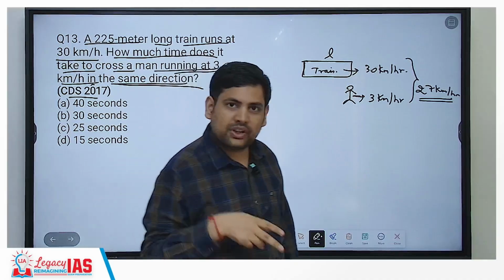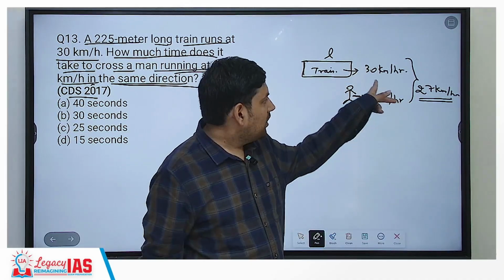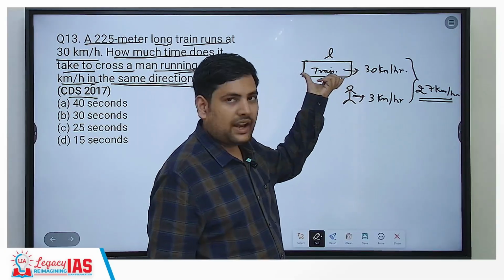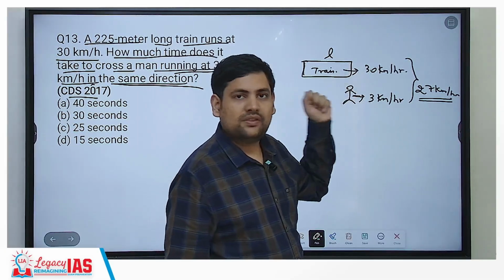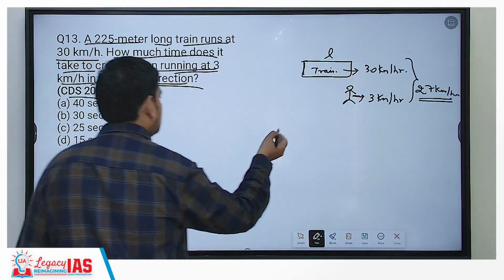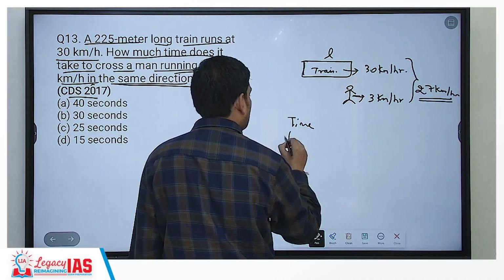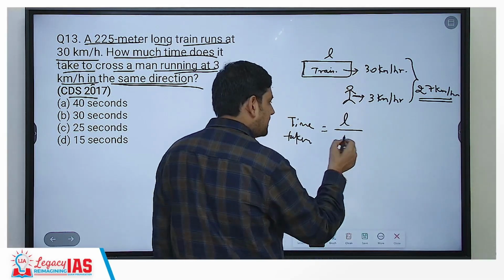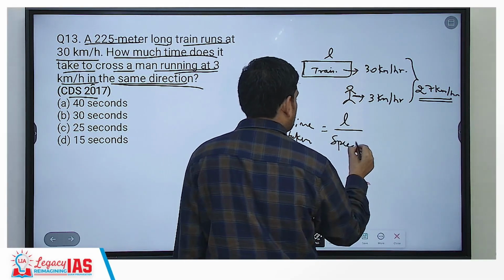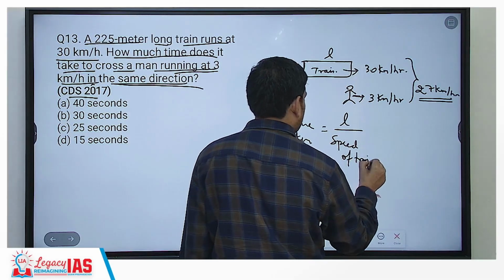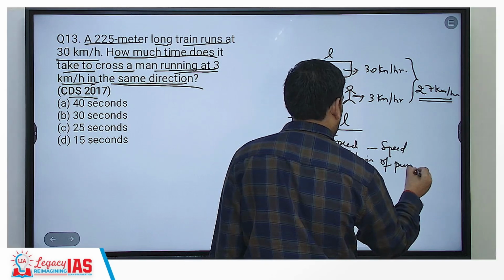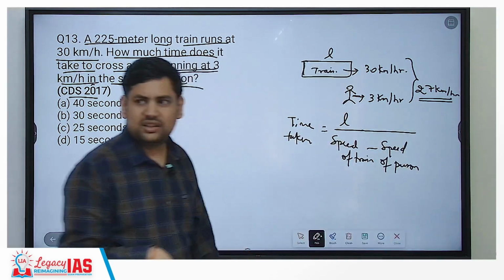Correct? Because they are moving in same direction, so it will be subtracted. So now this relative speed becomes 27 km per hour. It will help us cover this L length of train. Now, so time taken will be what? Time taken will be equal to L, that is length of train, divided by speed of train minus speed of person, or their relative speeds directly.